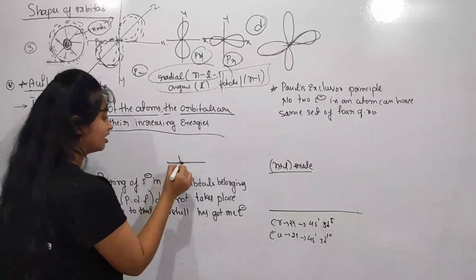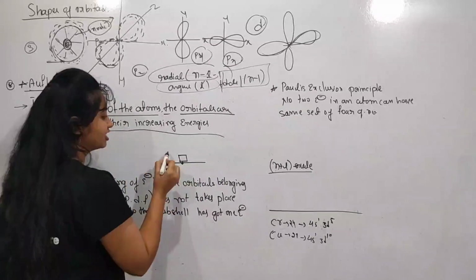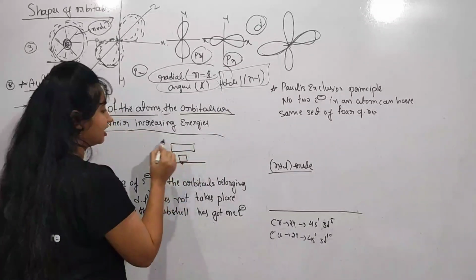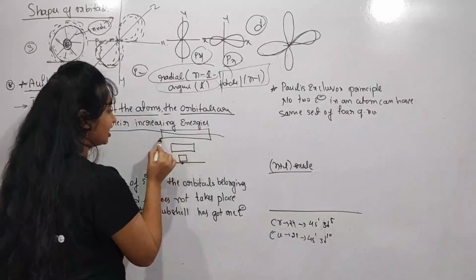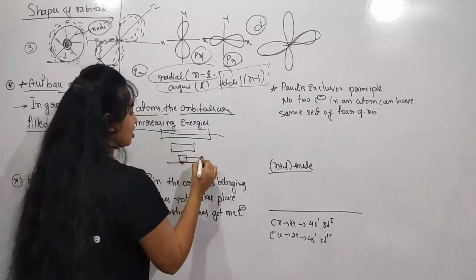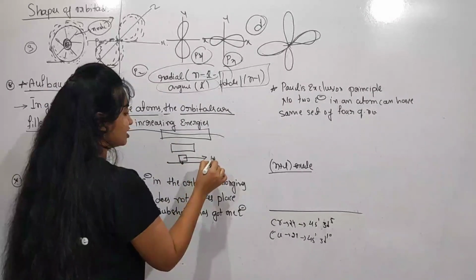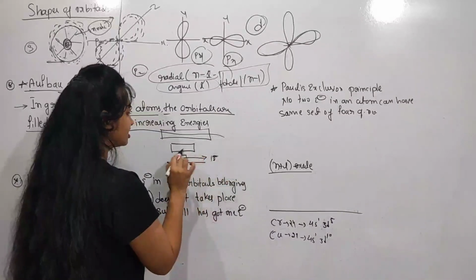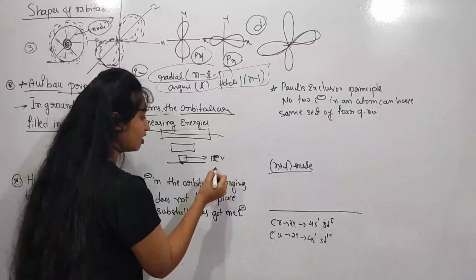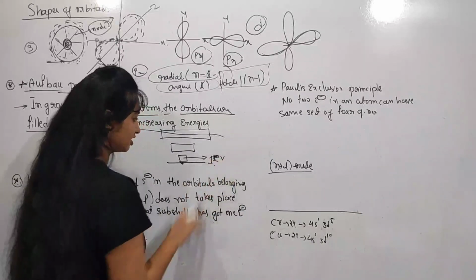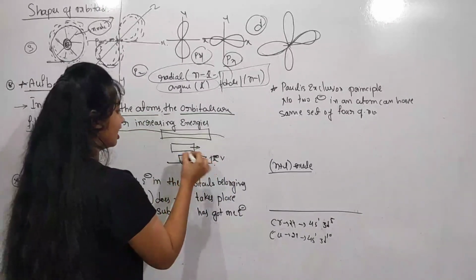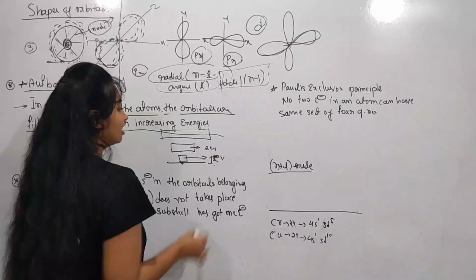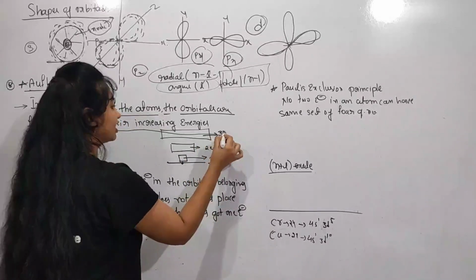Consider this is our first orbital, this is our next orbital, and this is another orbital. Just assume this orbital has an energy of 1 electron volt, this orbital has an energy of 2 electron volt, and this orbital has an energy of 3 electron volt.